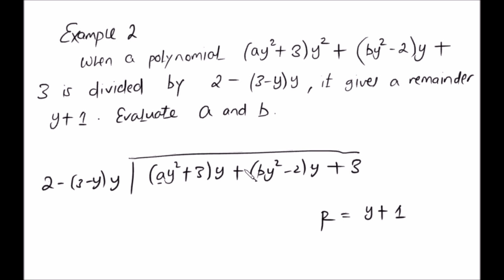So umeiona hii imekaa kiajabu ajabu. Kwa hiyo nitaiweka ikae vizuri. Hii na hizi zimekaa kiajabu ajabu, nitaziweka zikae vizuri. So hii polynomial yangu nilopewa, ni a y squared plus 3 times y squared jumlisha b y squared minus 2 times y jumlisha 3.